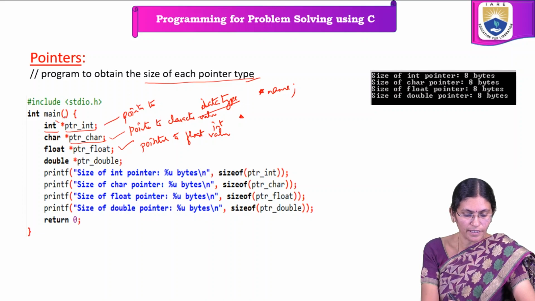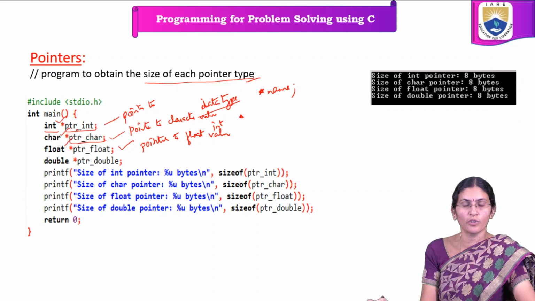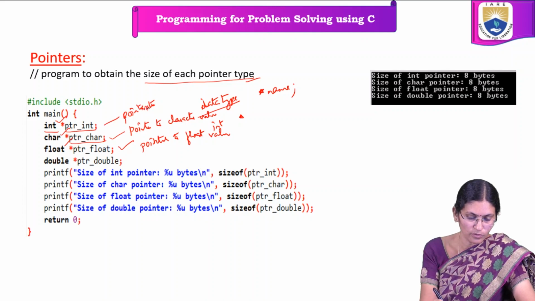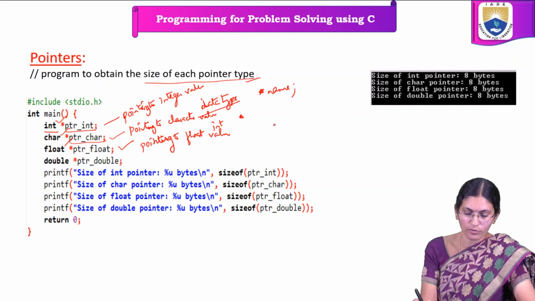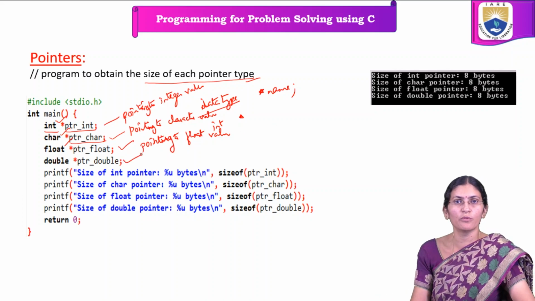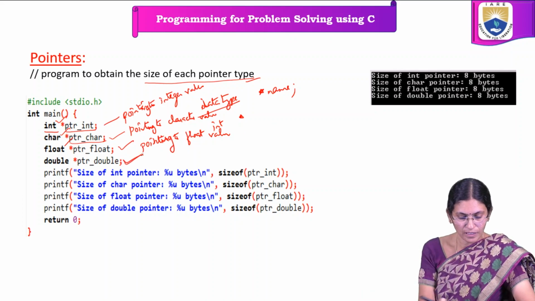You can say this is an integer pointer, character pointer, float pointer, and this is pointing to an integer value. So this is also pointing to an integer value, pointing to a float value, and this one is a double pointer which is pointing to a double value.